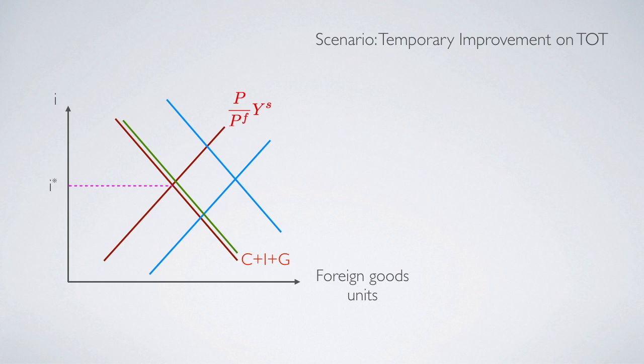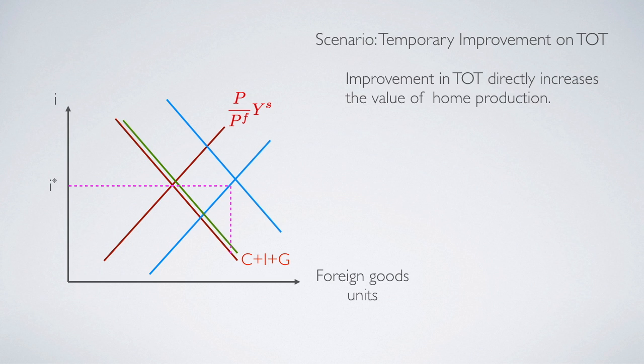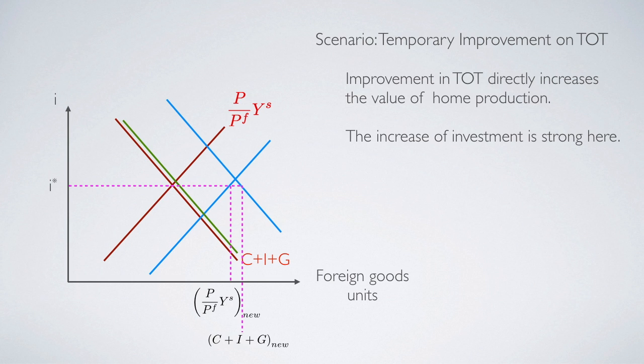So what we have so far is that the improvement in the terms of trade directly increases the value of home production. So you can see that in the end the production increases to that new level. At the same time, it also increases investment and consumption. However, here the increase of investment is strong.